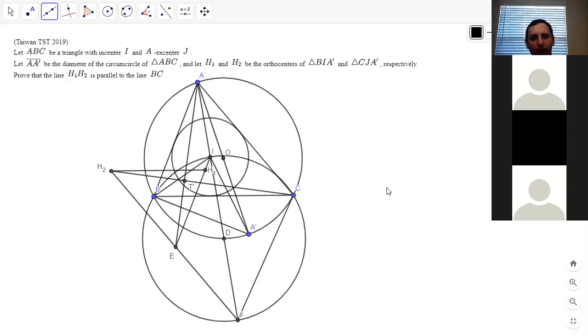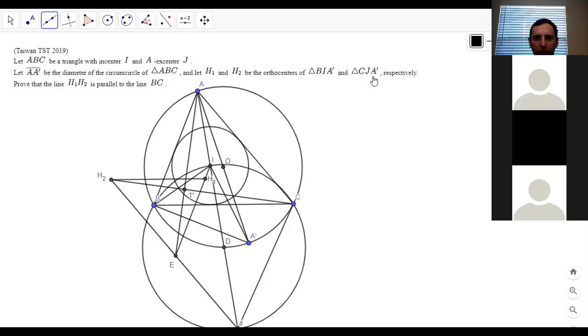Oh yeah, we have to use something about the fact that it's the incenter and the excenter. Let's check chat.